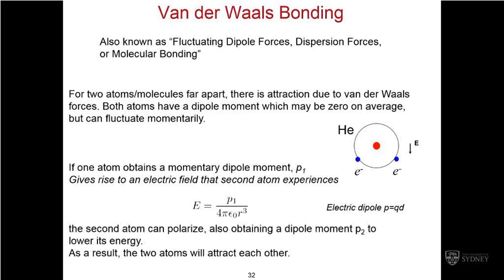So here I've put the expression for the electric field generated by this little dipole moment P1. And we can think of a dipole moment P as the charge, Q, multiplied by the effective distance, if you like.